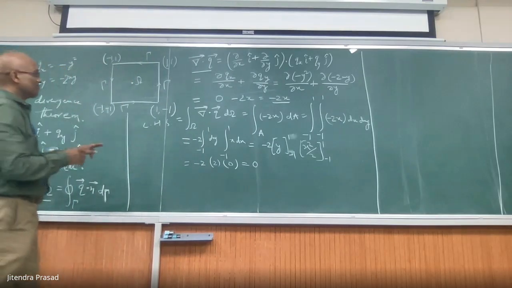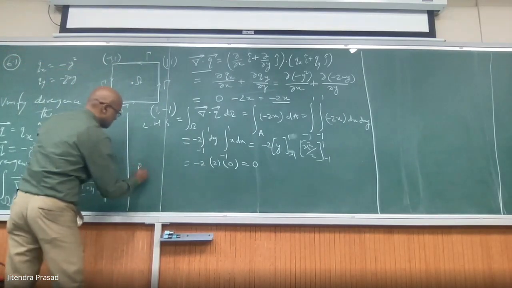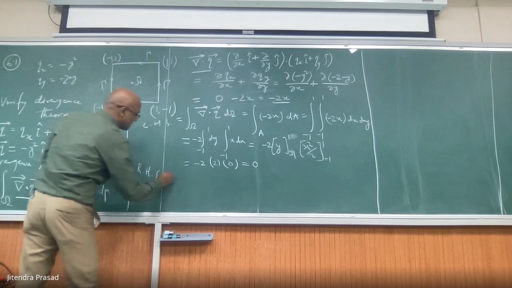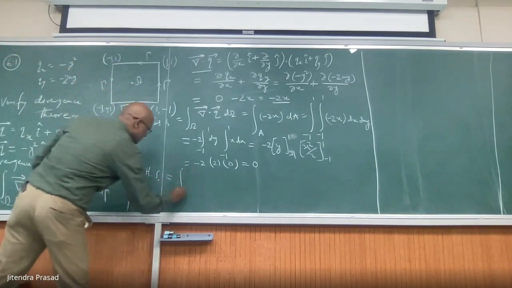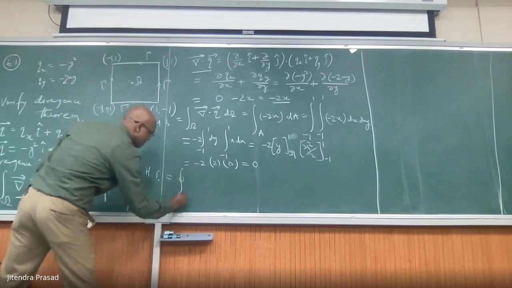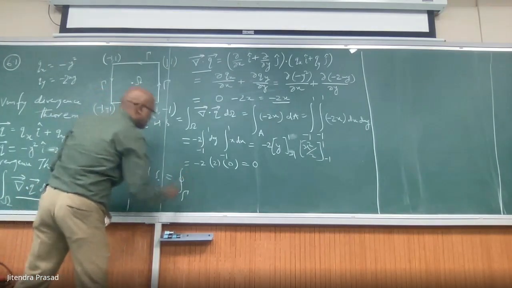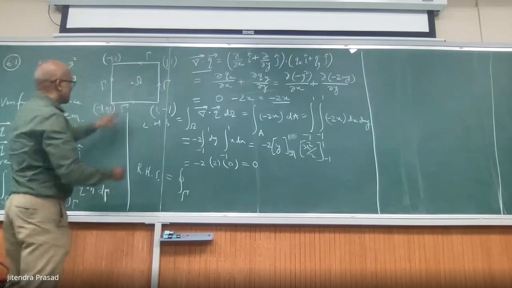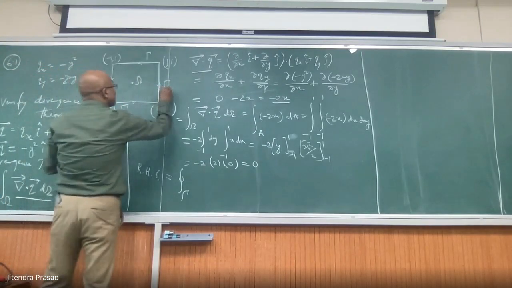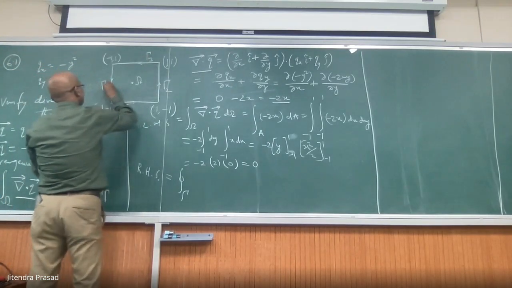Okay. Now, right hand side. We will take this, gamma, Q dot N. So Q is this, and dot N. So N, we can say this is gamma 1, this is gamma 2, gamma 3, gamma 4.